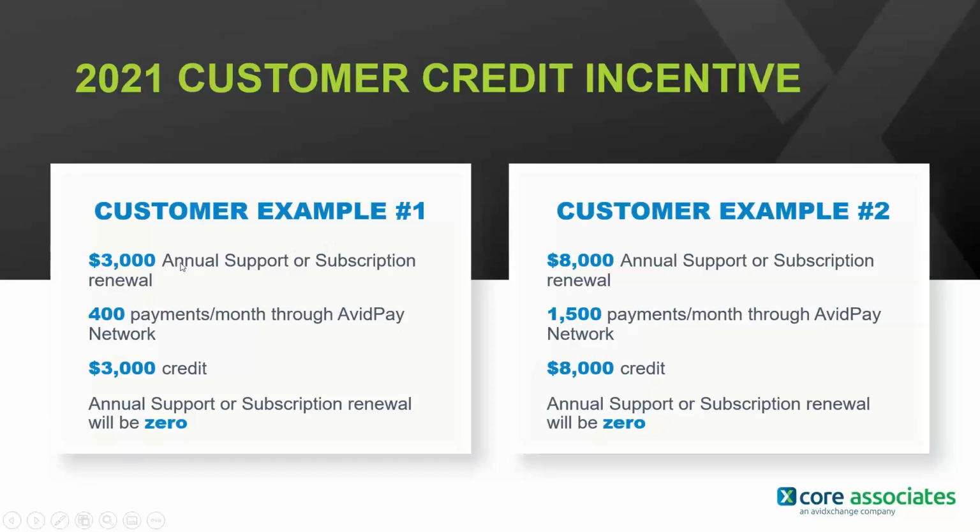Here's a couple of examples here. This is a little bit higher. So we're talking about if your support is 3,400, we do that. This is actually slightly different now, but think of it this way. Depending on the number of payments that you're running through the network, we can look at your support agreement and we can determine whether or not we could potentially pay for your TimberScan support through this program.